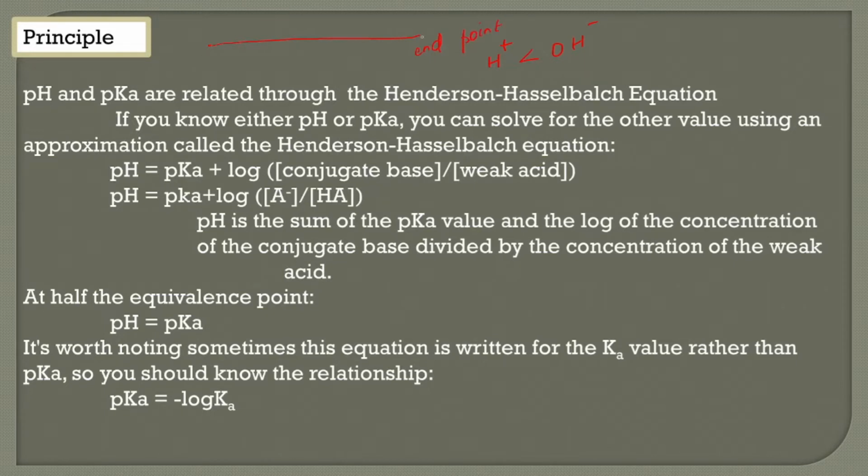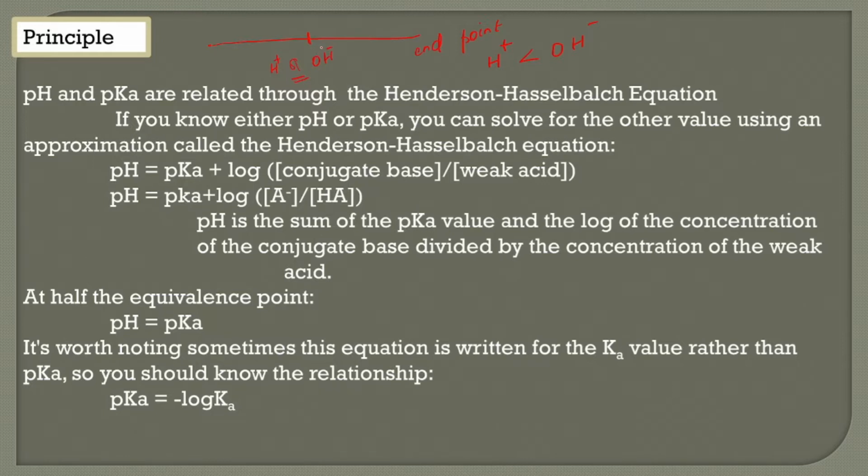That's the pale pink color. So at the halfway between this, the concentration of H plus and OH minus will be the same, at the halfway before the end point.